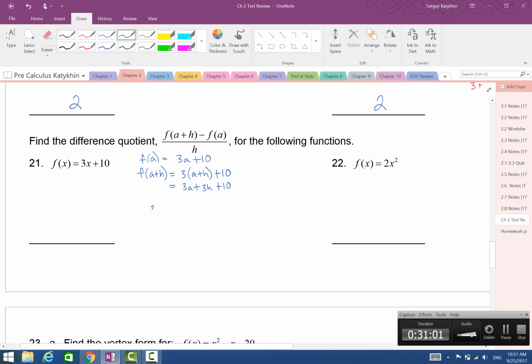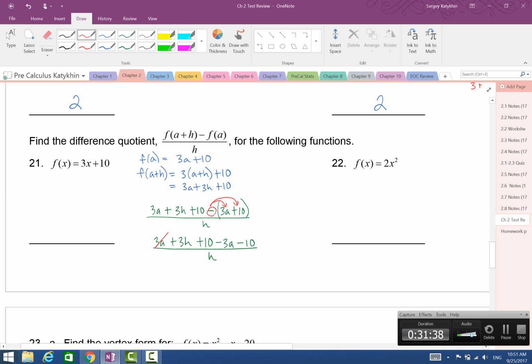So I'm going to take 3a plus 3h plus 10 minus, remember, put the parenthesis there, 3a plus 10, and divide that whole thing by h. So take the negative and distribute. You get the following: 3a plus 3h plus 10 minus 3a minus 10 divided by h.